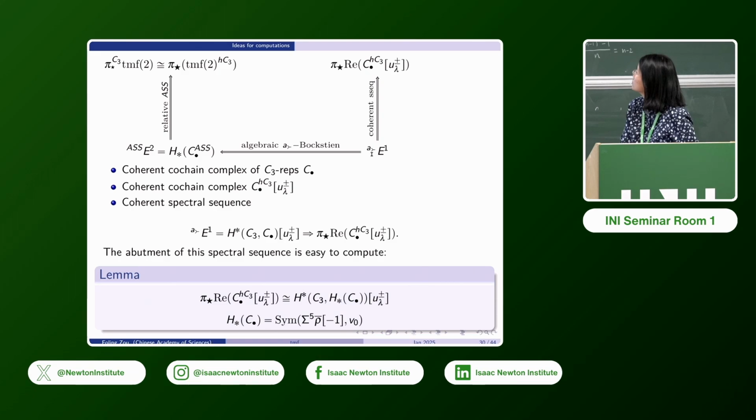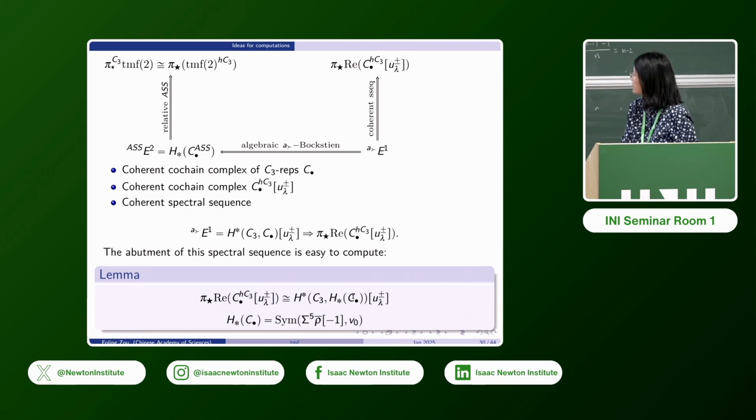And this is the E2 term for that spectral sequence. And we mentioned it because it's actually easy to compute. It's just the homology of the coherent cochain complex, and then you take the group cohomology.